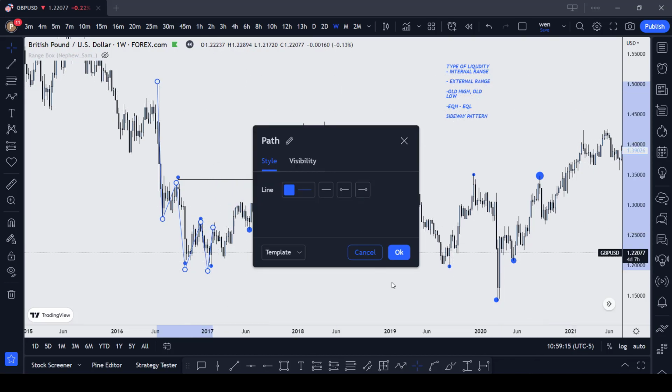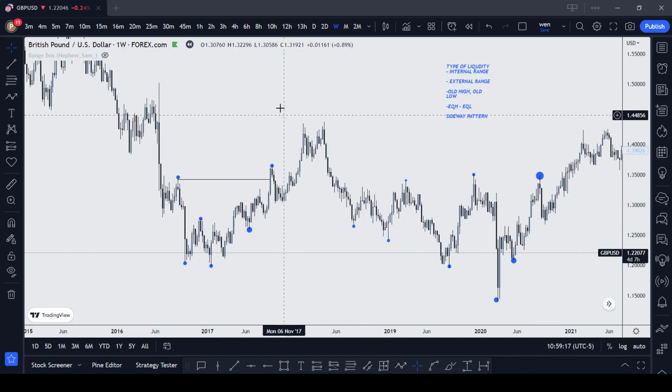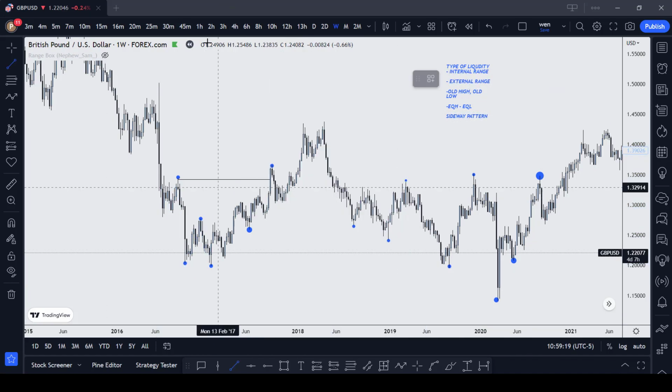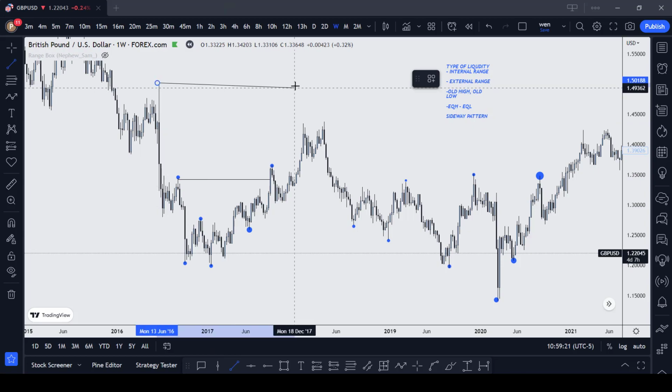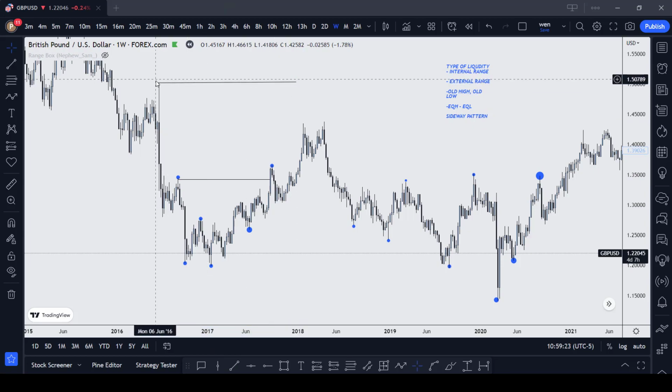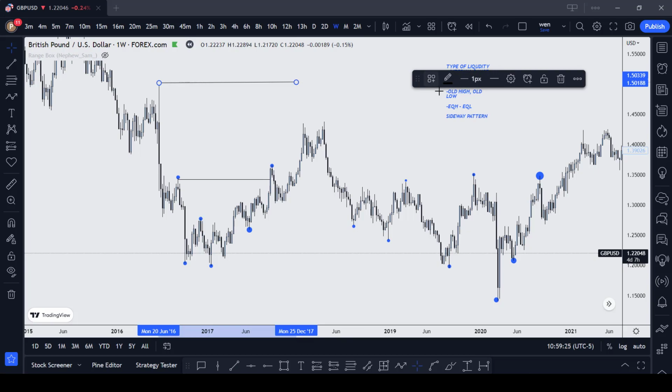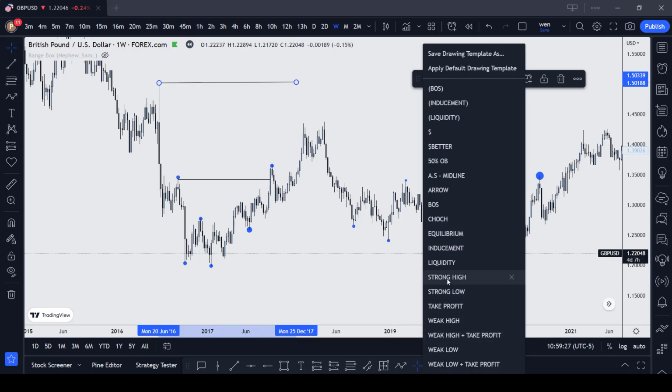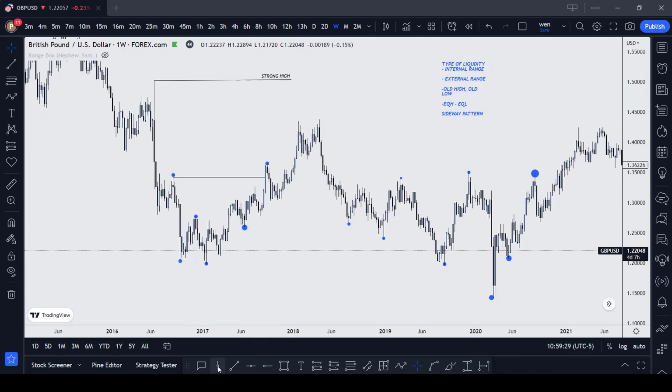So the first concept you have to understand is strong highs and weak lows, right?